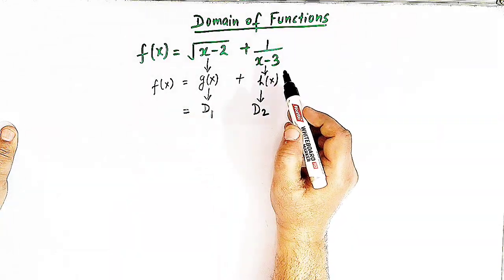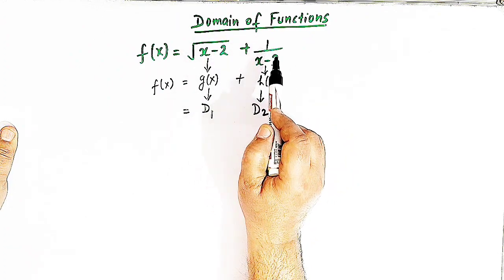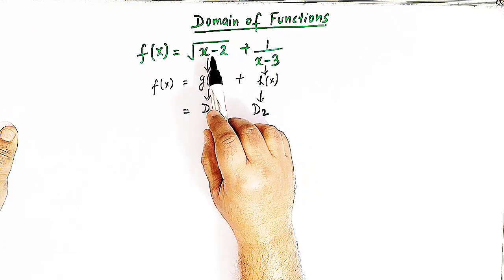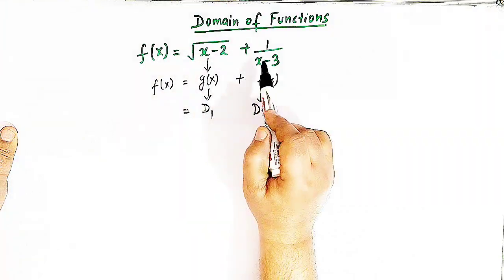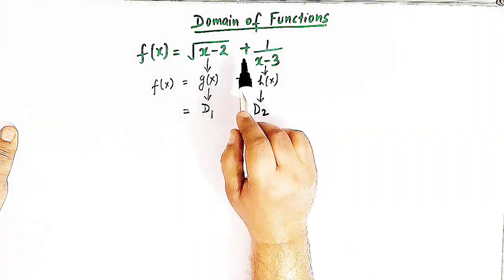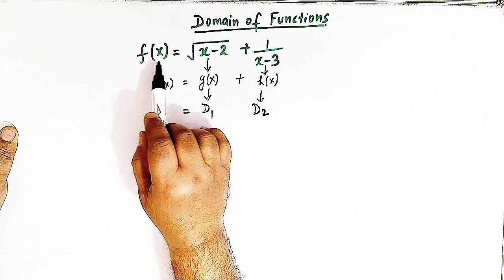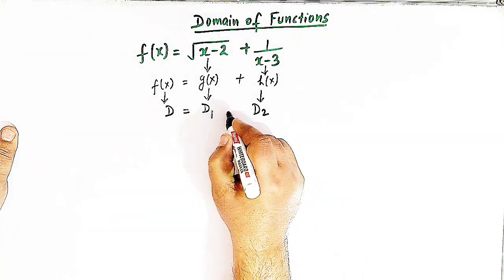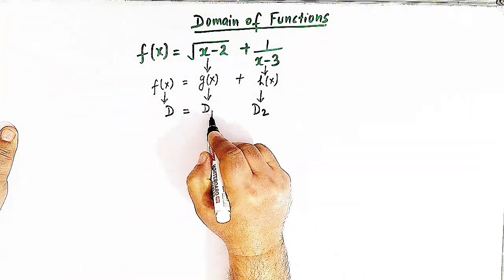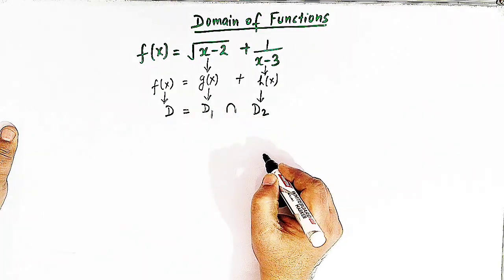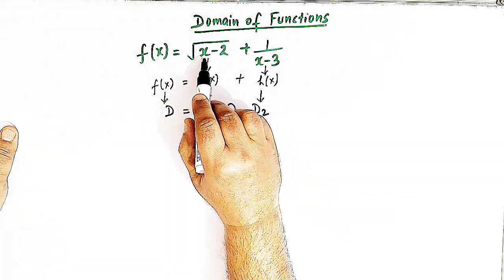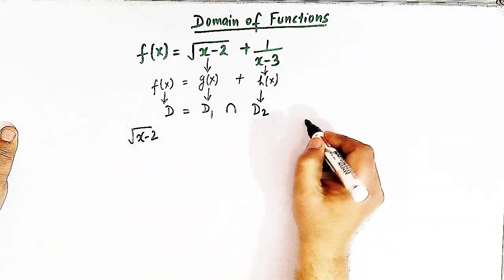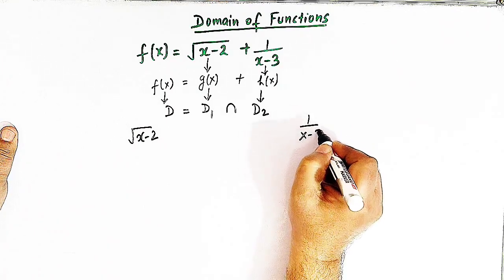Then we'll identify the common values of x which simultaneously satisfy f of x, and those common values of x are known as the domain of f of x. Let us call the domain of f of x D. So D can be written as D1 intersection D2. Let us first individually find the domain of the functions square root of x minus 2 and 1 over x minus 3.